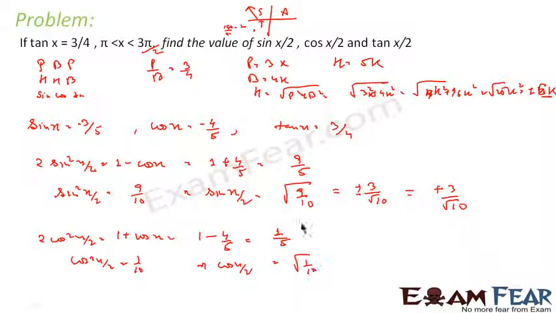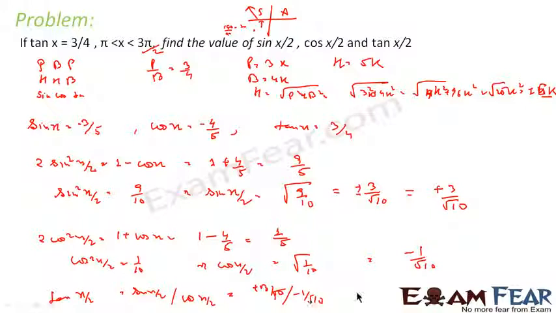Now since it is the second quadrant for x by 2, cos will be negative, so this becomes minus 1 by root 10. Now similarly for tan x by 2, tan x by 2 is nothing but sin x by 2 by cos x by 2. So we have sin x by 2 is plus 3 by root 10, and cos x by 2 is minus 1 by root 10.